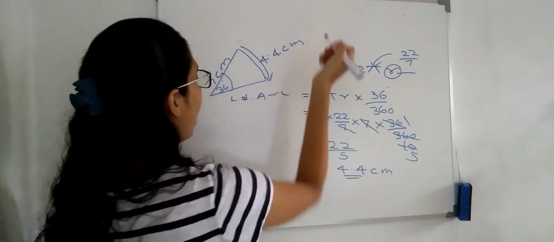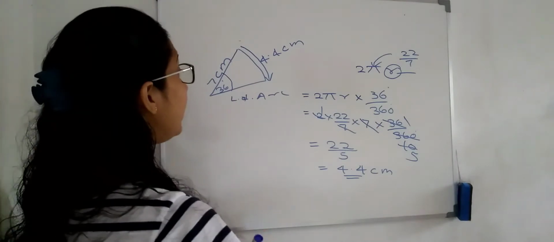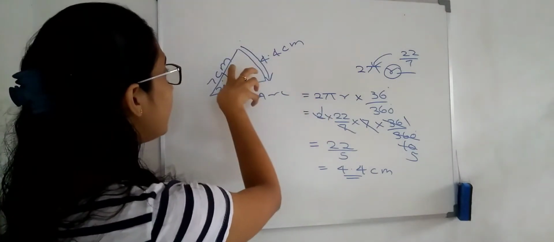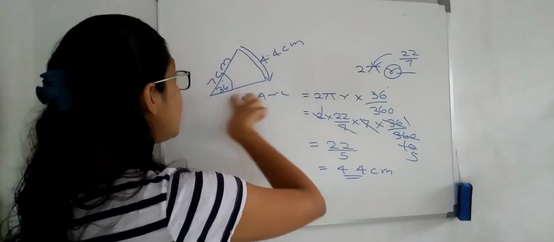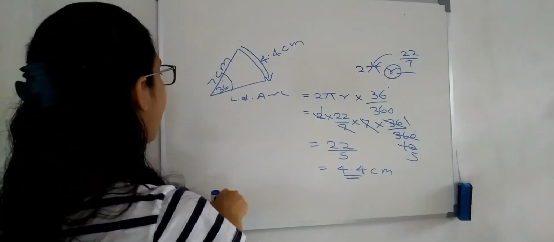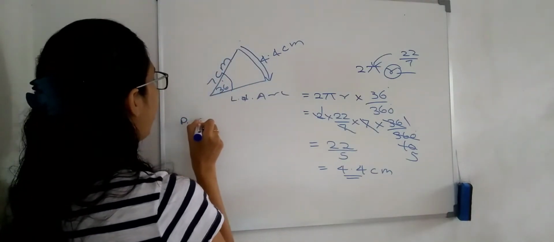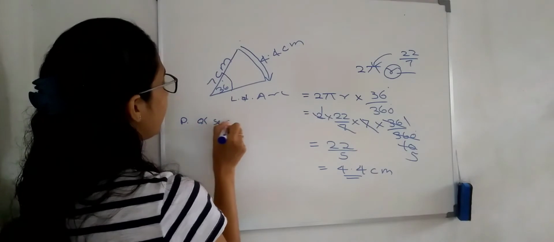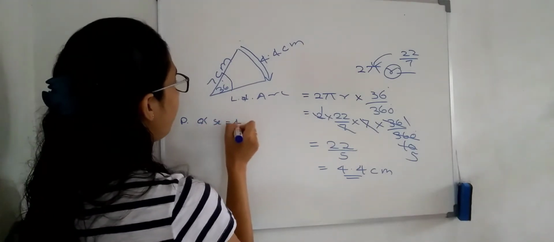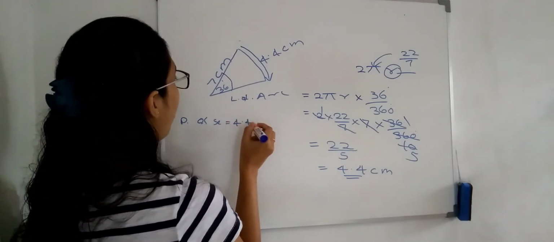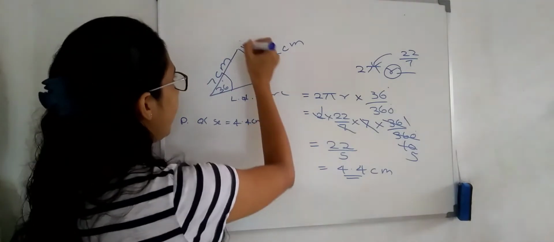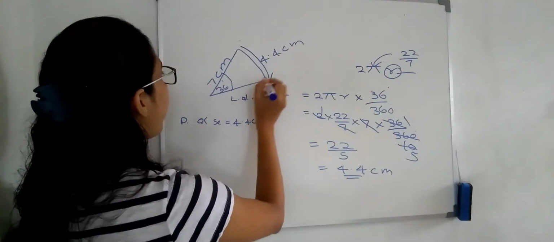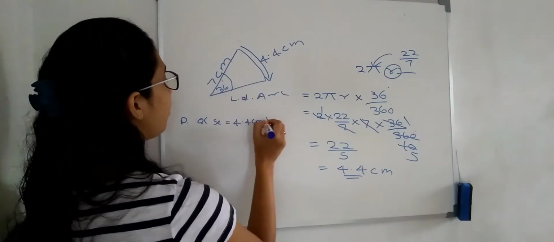So now how to find the perimeter of this sector? We can add these three values together, right? Perimeter of the sector. Now we can add all the values together: the length of the arc and the value of the two radii.